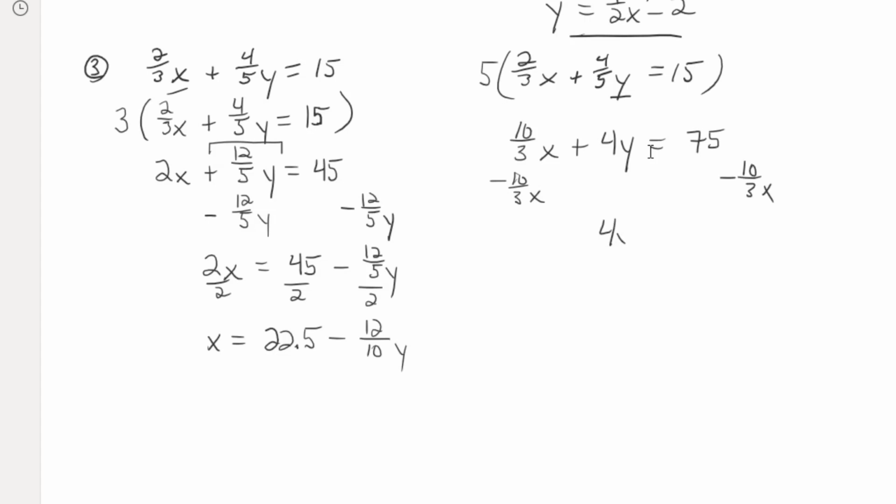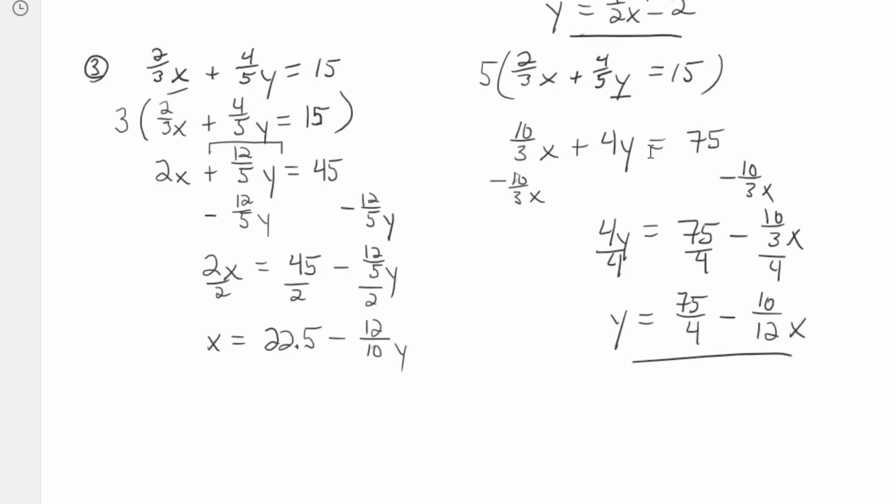So 4y equals 75 minus 10 thirds x. Divide everything by 4. And we get y equals 75 over 4, whatever that is as a decimal, minus 10 twelfths x. And that's our solution. So that's it.